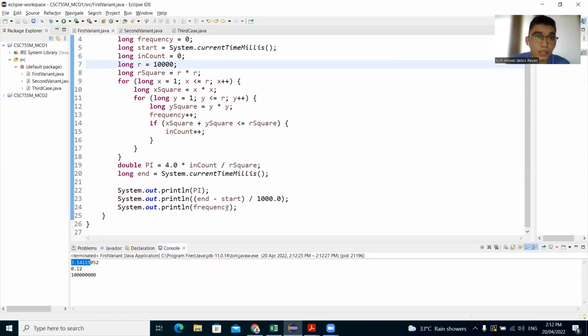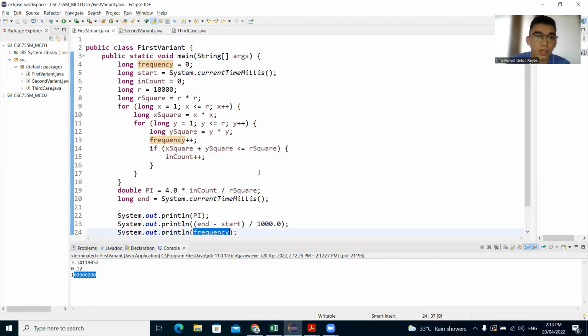And the frequency is 100 million. When r becomes 10,000, the number of frequency counts is equal to 100 million.